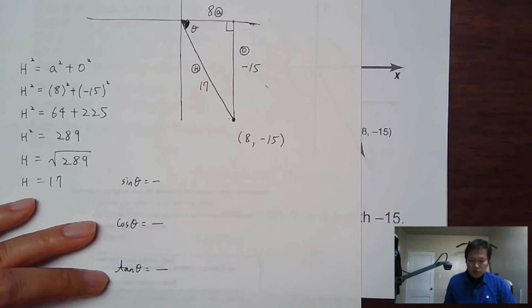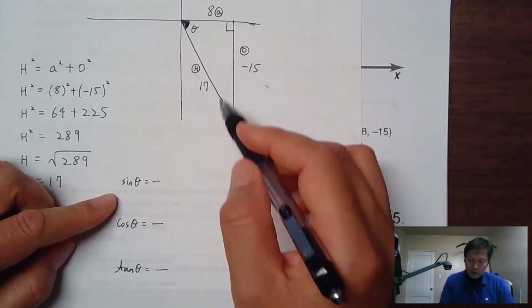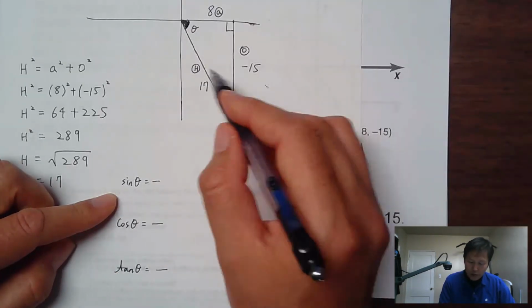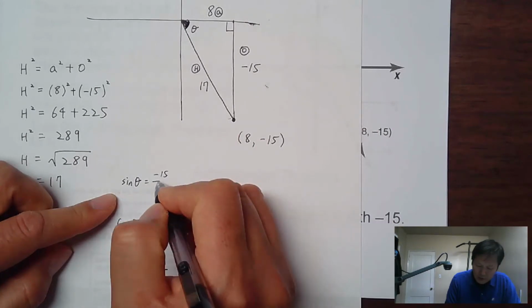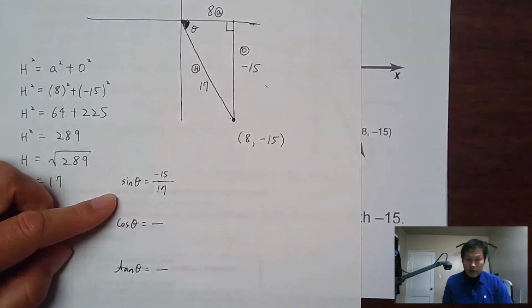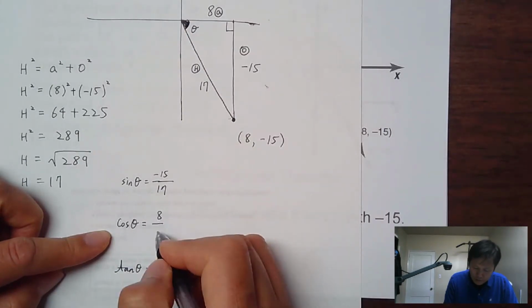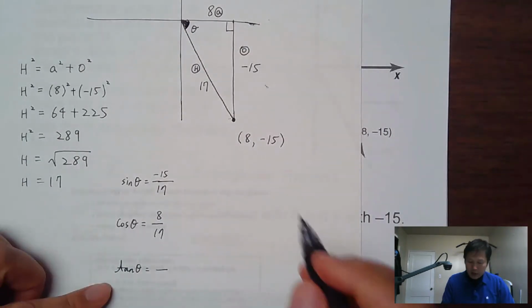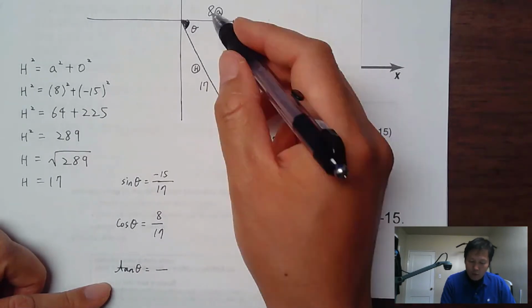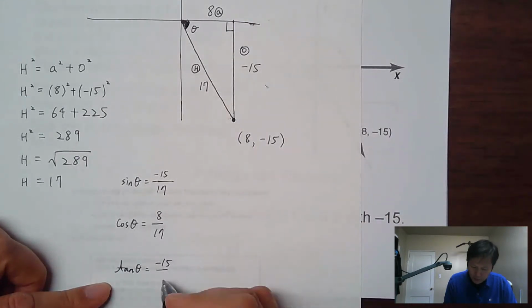Applying SOH CAH TOA, sine is opposite over hypotenuse, so -15 over 17 is sine. Cosine is adjacent over hypotenuse, 8 over 17. Tangent is opposite over adjacent, -15 over 8.